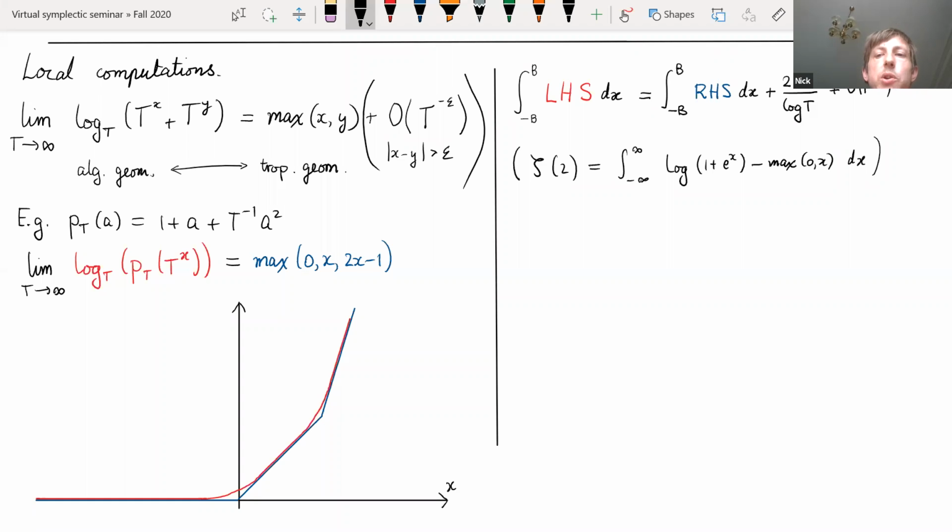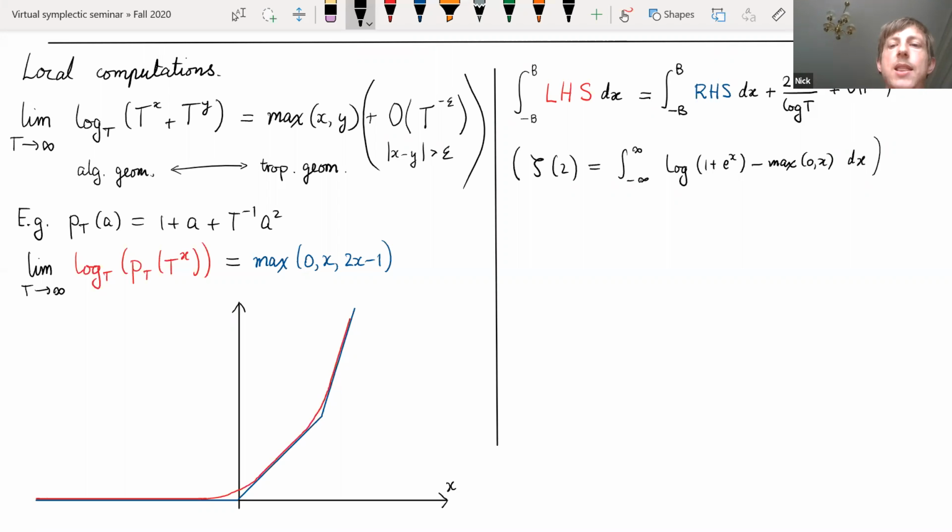But there is also a sub-leading term, modulo t to the minus epsilon, which comes from these areas where the bends happen. So there's a little bit of area at the bend where the red line is forced to move away from the blue line. And you can work out that that area is zeta of 2 over log t. So since we've got two bends here, we get a contribution of 2 zeta of 2 over log t.